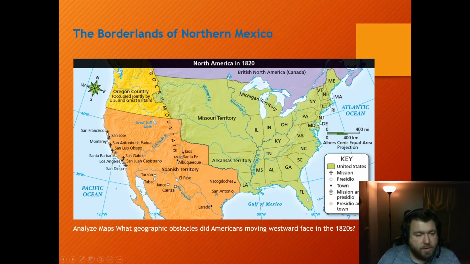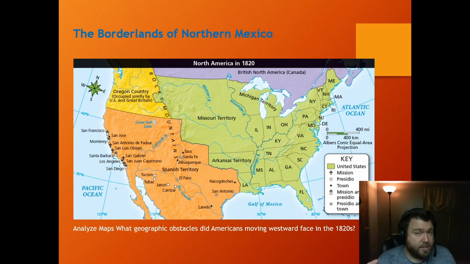If you look here, right here, that is the Rocky Mountains. And if you're trying to bring a wagon full of supplies and people and everything to try to establish a farm or something, and you have to go through the Rocky Mountains, it is going to be rough going.